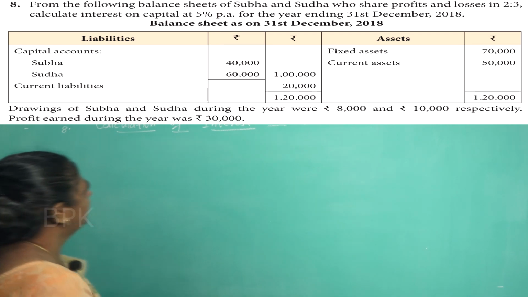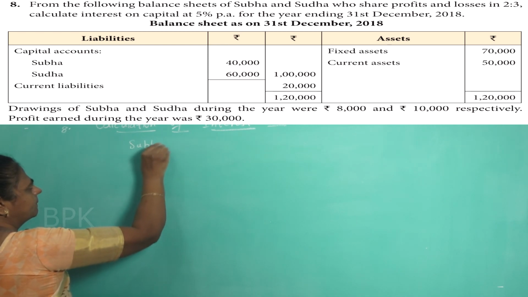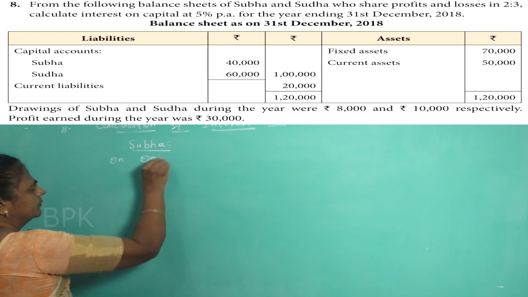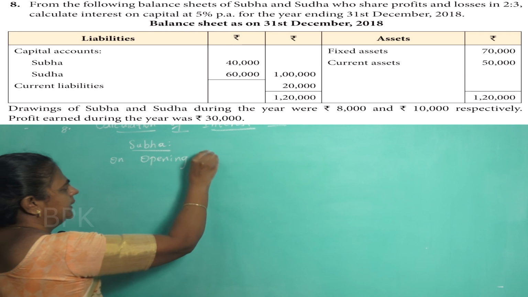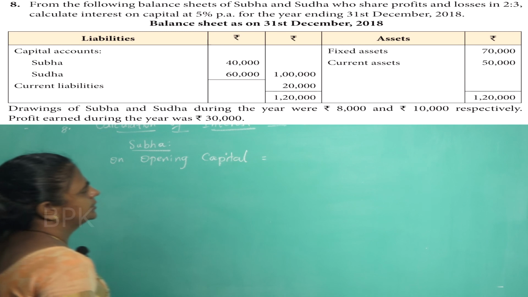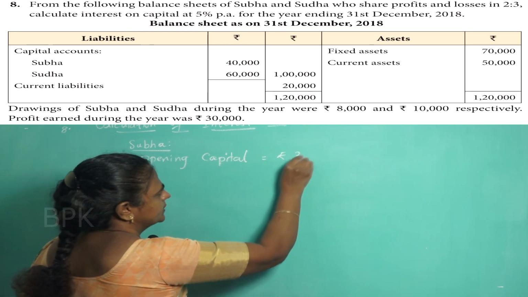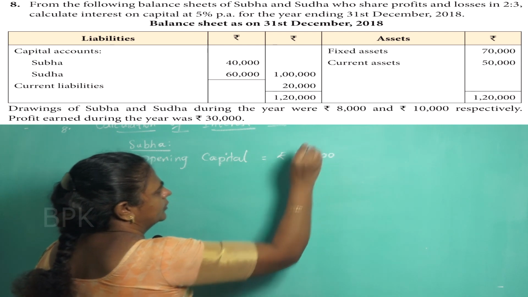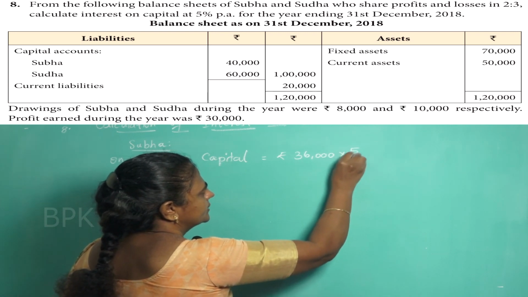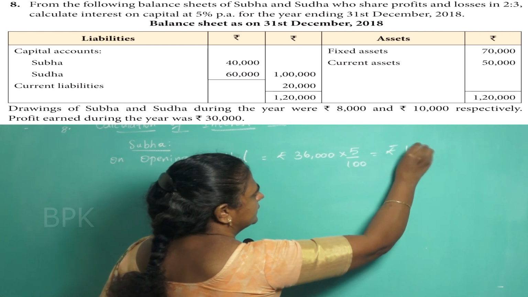Okay. So now calculation of interest on capital. First we will calculate for Subha on opening capital. How much is our opening capital? Just now we calculated. Subha's opening capital is 36,000. What is the rate of interest on capital? Interest on capital 5%. 5% means what? 5/100. So that will give you rupees 1,800.